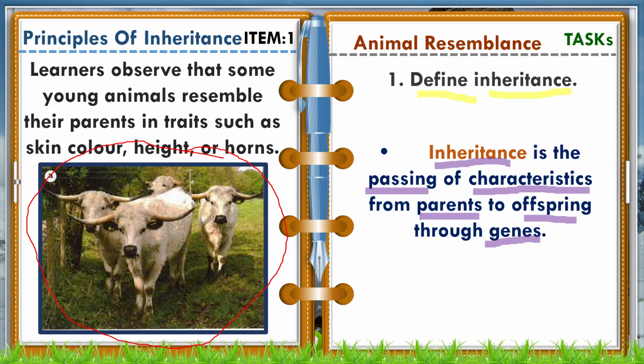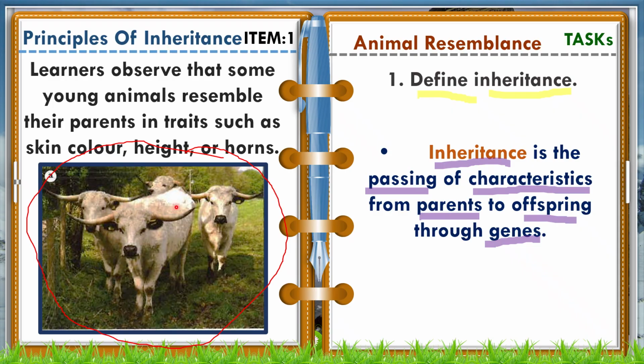So we are saying that inheritance is the passing over of the characteristics, like the way we said the horns, from the parent to the offspring through genes.